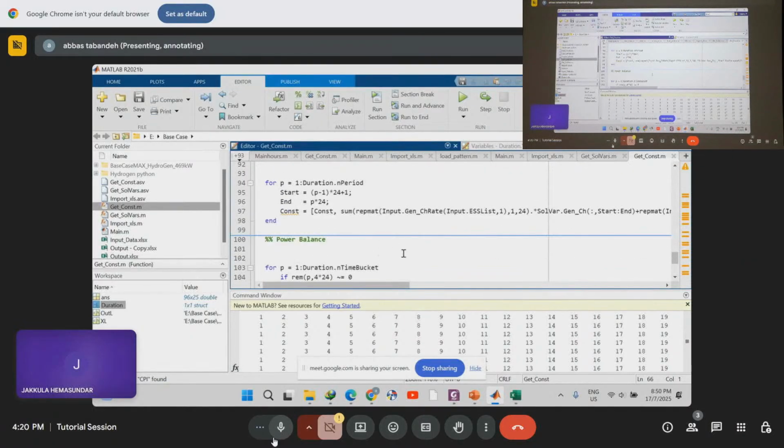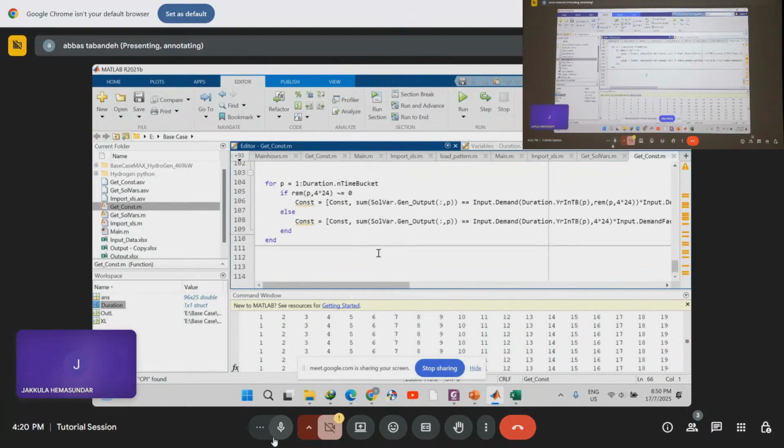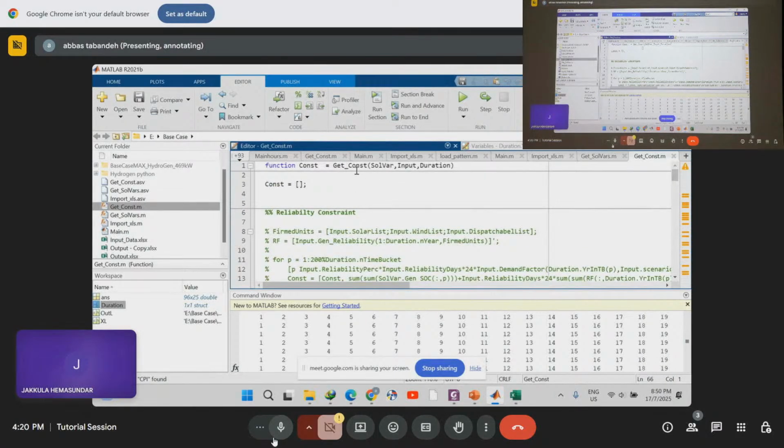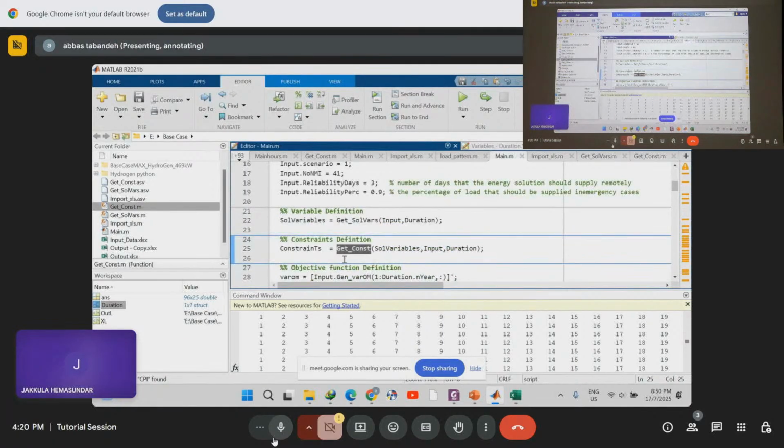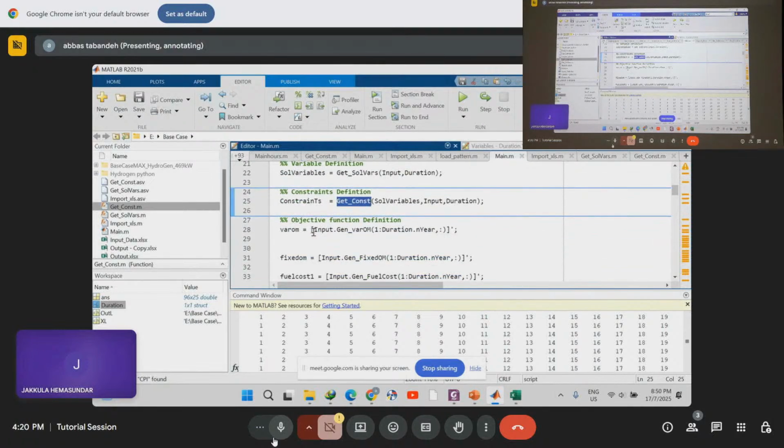So after defining all constraints, again, it returns const parameter into these constraints for us. And then we need to define our objective function. Variable operation and maintenance costs, fixed operation and maintenance costs, we need to calculate them.